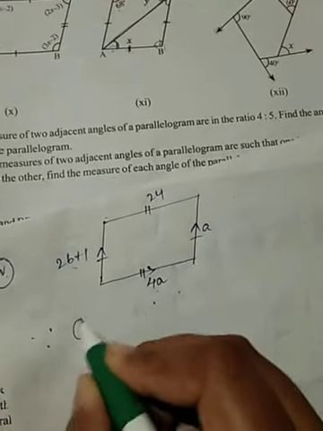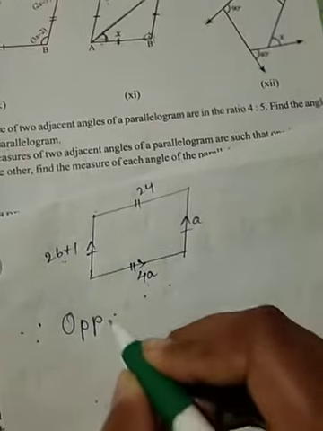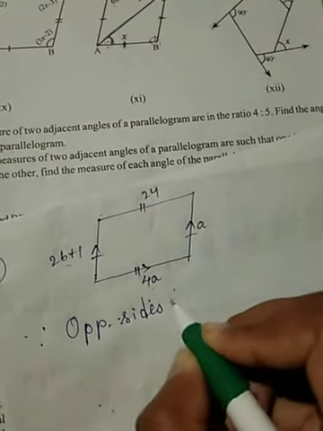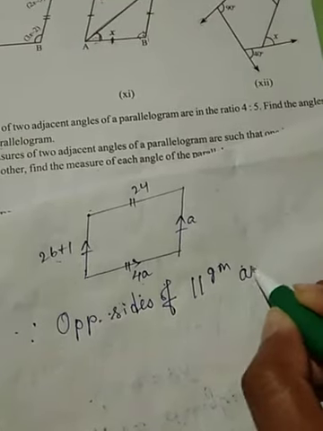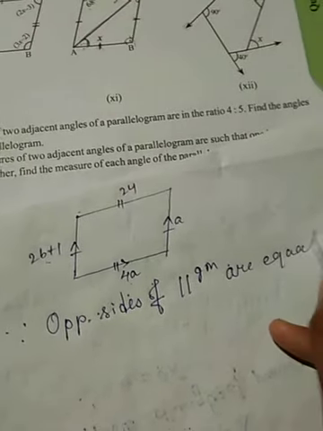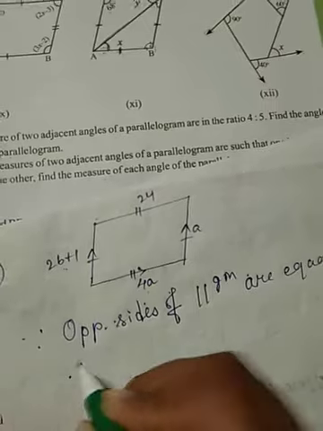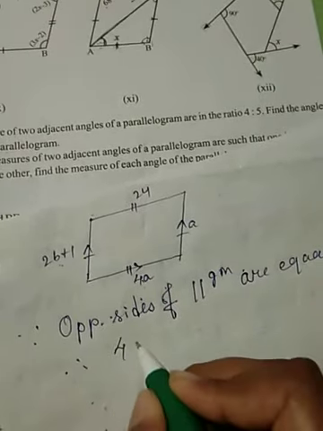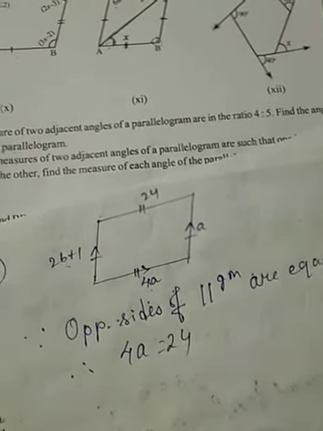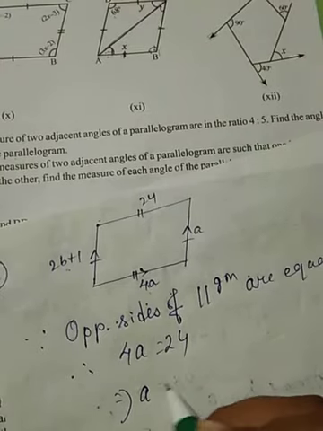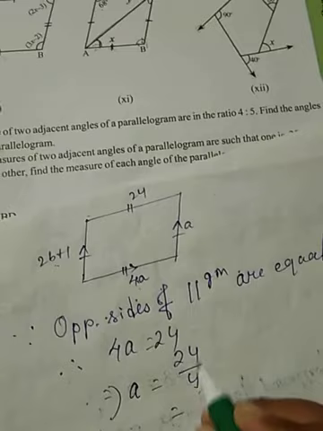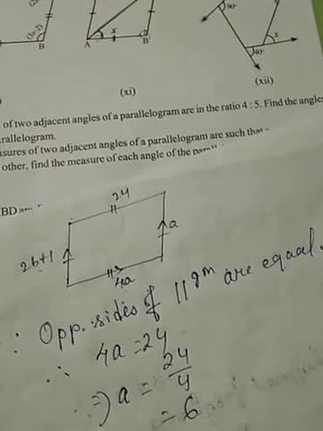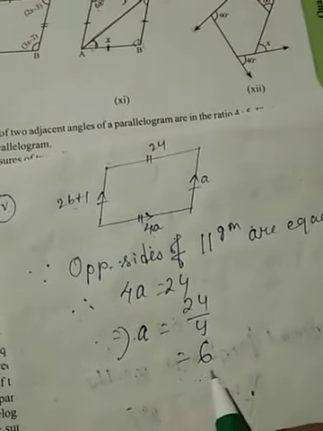Since opposite sides of parallelogram are equal, therefore 4A equal to 24. From here we find the value of A. 24 by 4 is 6. The value of A is 6.